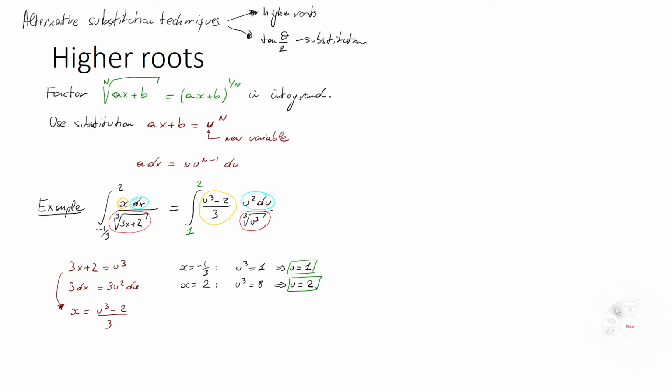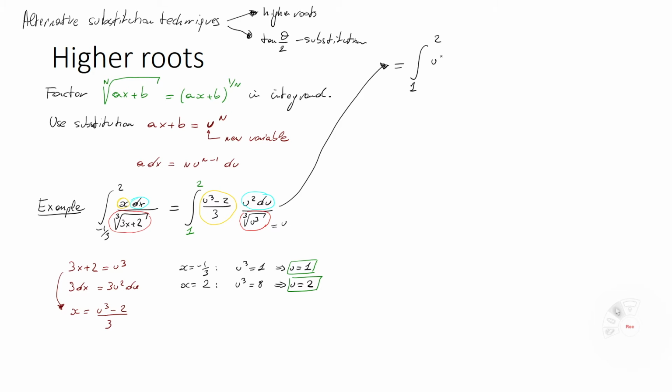And now we have an integral that has a rational function for the argument. So we have the integral from 1 to 2, and let's simplify that a little bit. So we know that cube root of u cubed, that's just u, and then we have a u squared in the numerator, so that becomes a u.